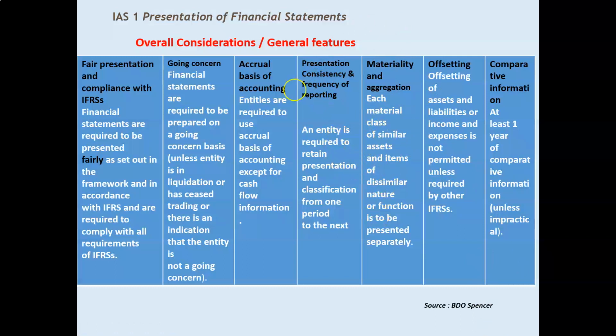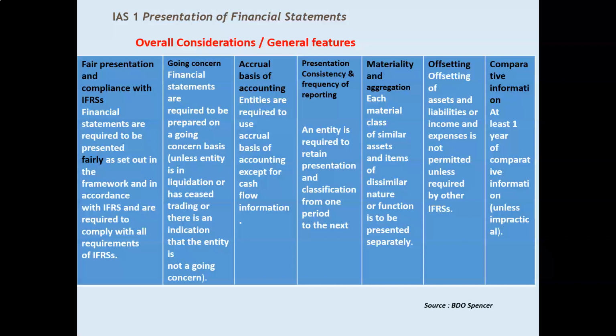The size of an item, we say that also has an impact on materiality. Now, let's say I have a once-off item. Let's assume that we had property in our books. We acquired the property, let's say 10 years ago, and then gradually we have revalued the property, and now we've sold the property, and we made a nice profit on the sale of the property.